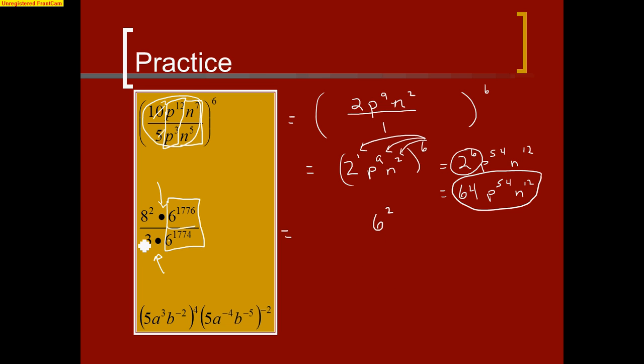Now, what about this? Can you do any rules with this? Is this the same base twice? I don't think so. This is just 64 over 3. So what do I have here? 64 times 36 over 3. Don't multiply that yet, because 36 is actually 3 times 12, so 64 times 12 over 3.